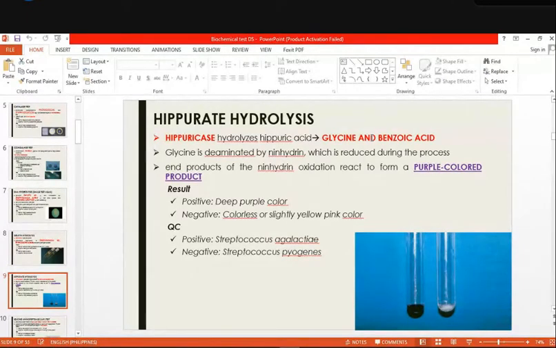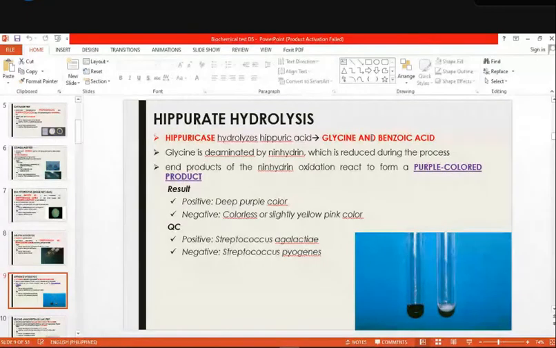Okay, so enzyme is Hipuricase. Anong oxidizing agent natin? Ninhydrin po. Yes.